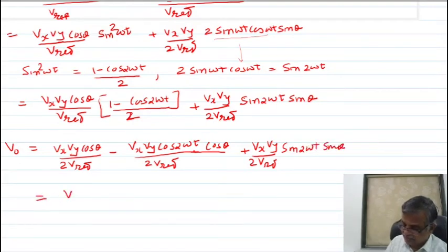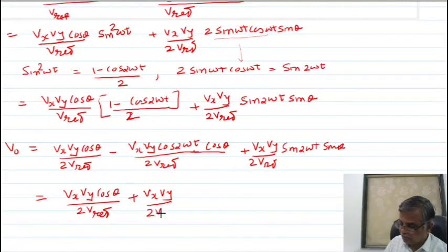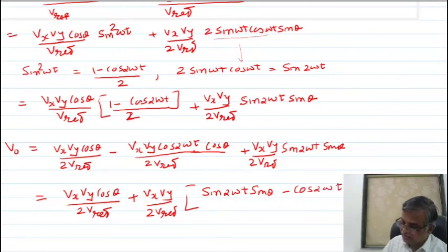So I can write Vx Vy cos theta upon 2V reference plus Vx Vy upon 2V reference into bracket sin 2 omega t sin theta minus cos 2 omega t into cos theta.